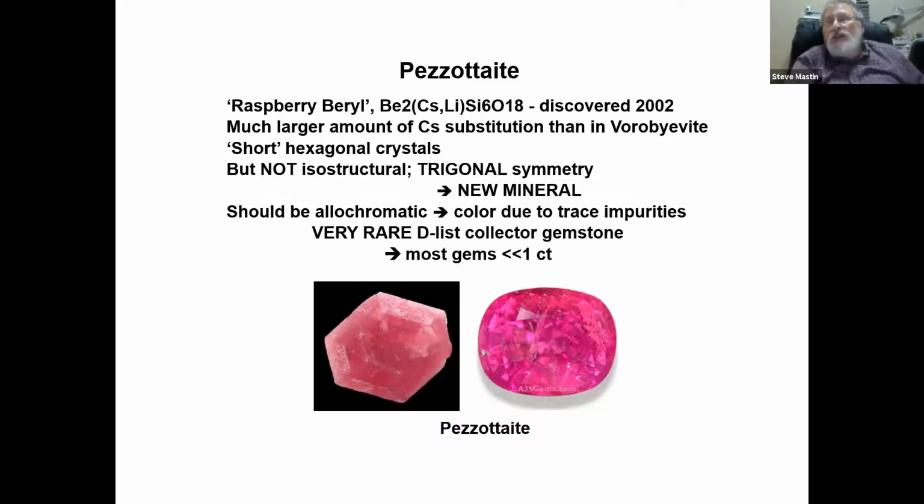It's got crystals that look sort of the same, but you can see that those aren't perfect hexagons. They're sort of cattywampus. And in fact, it's got a different structure than beryl itself. It's got trigonal symmetry instead of hexagonal symmetry. So it's a new mineral, even though it should be something similar to the vorobyevite. And it was finally given the name pezzottaite.